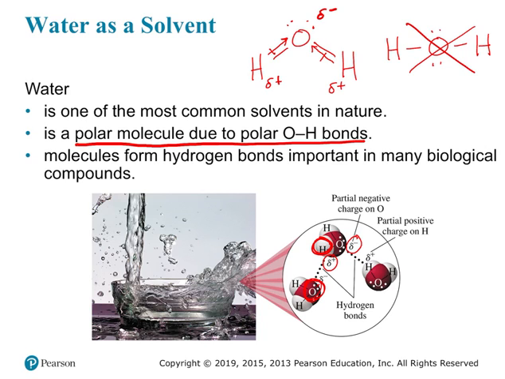So if we had two water molecules facing each other, they would orient themselves so that the partially negative oxygen is pointing towards the partially positive hydrogen, and then we create this hydrogen bond. But you'll learn more about that in general chemistry. These are just a few of the reasons why water is a really good solvent.